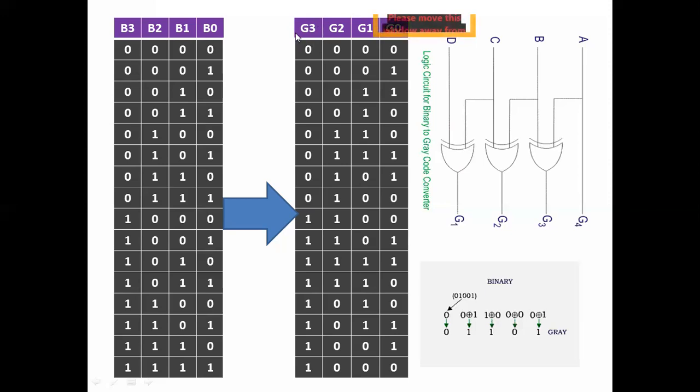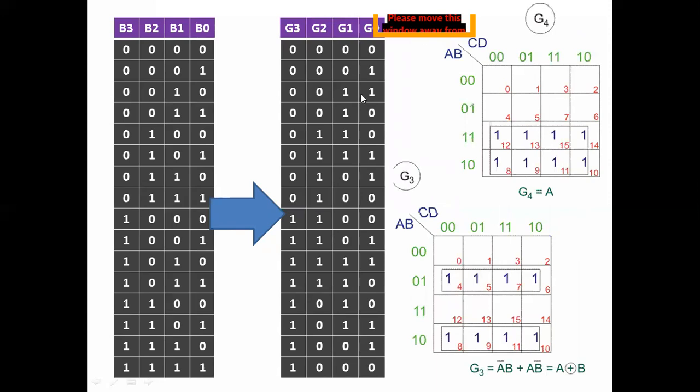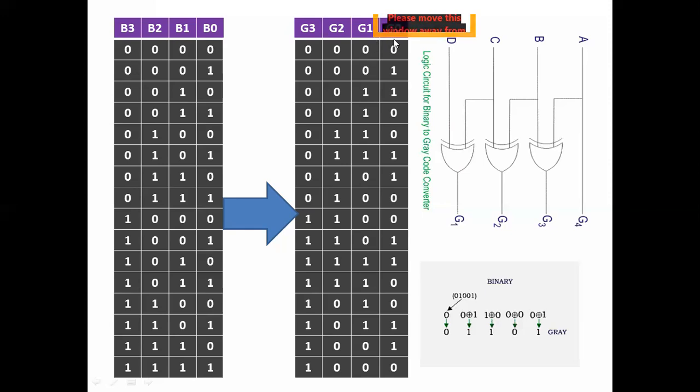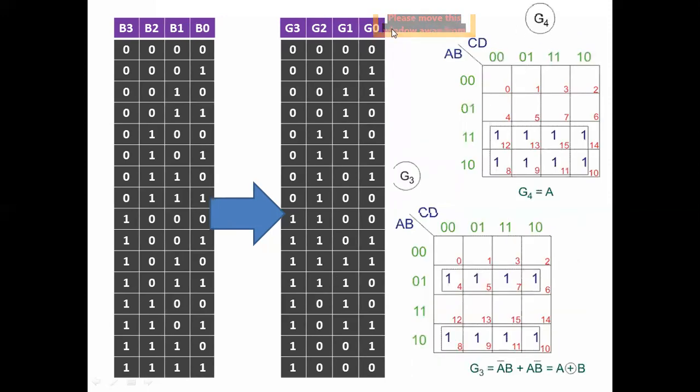I'm going to reduce the expression for this G3, G2, G1, and G0. That is the gray code requirement. If suppose you are taking this as G4, G3, G2, G1, okay, G4, G3, G2, G1.